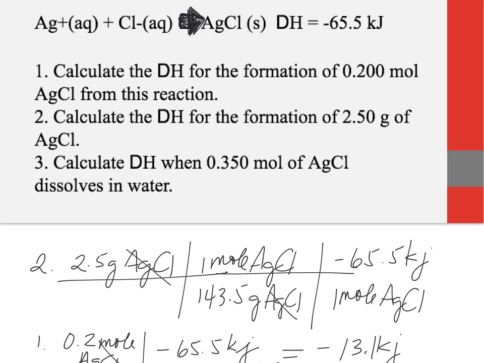So grams cancel, moles cancel. I do the math on this, and I get negative 1.14 kilojoules. Again, just using stoichiometry, and now we're using the mole and energy value as a conversion factor.